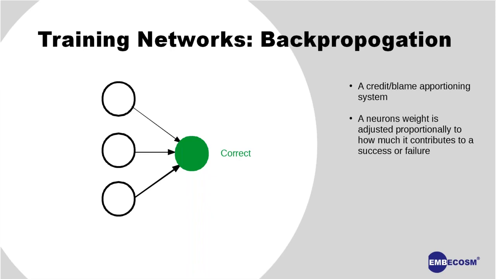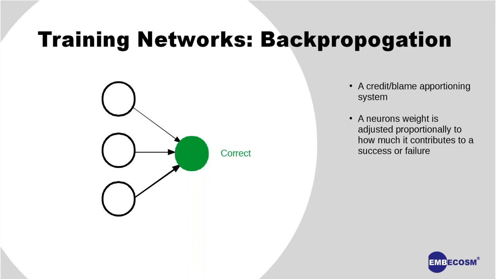But the question is, how do I take this framework and actually make it do that for something useful? How do I adapt my neural network structure to be what I want it to be? A very common way of doing that is with backpropagation. Backpropagation is basically just a simple credit-blame assignment system.